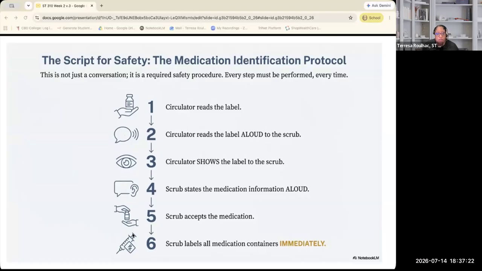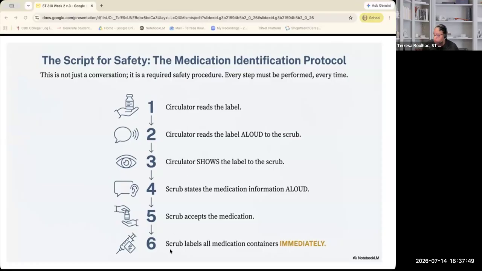Step 1: the circulator is going to read the medication label. Why? Everyone starts with the same source of information. Step 2. The circulator reads the label aloud. Now the information isn't just seen, it's heard.